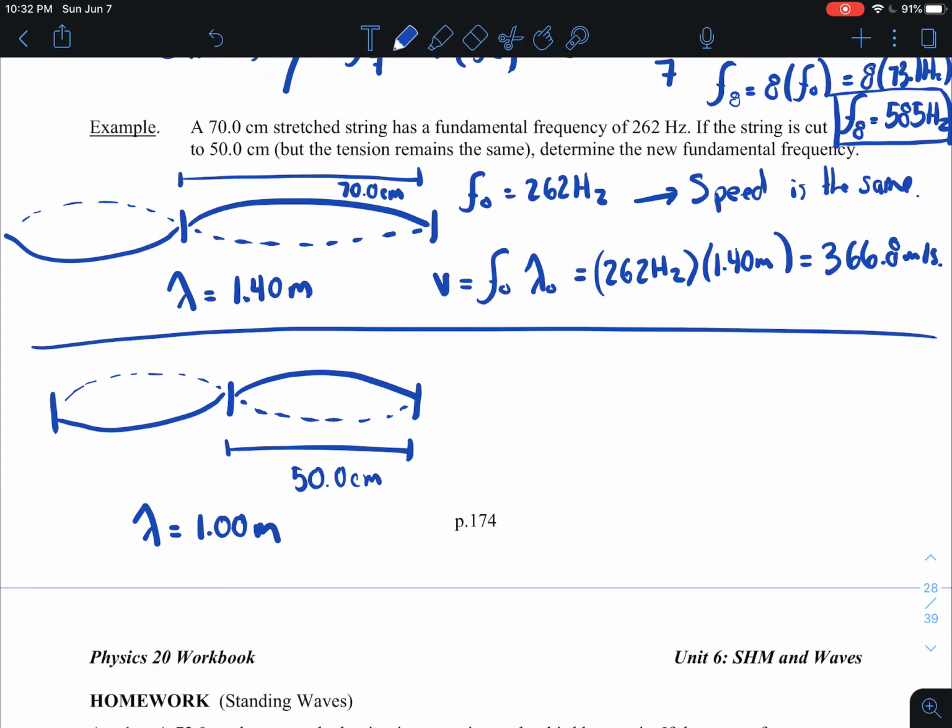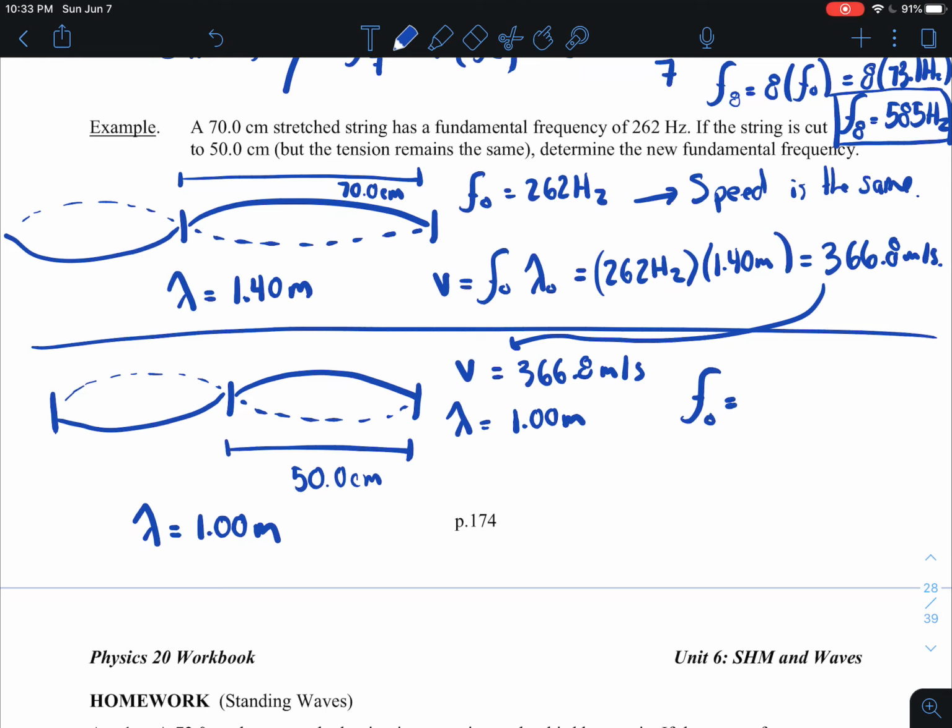So I'm going to use that same speed, the speed that I got here is equal to the speed I have down below, 366.8 meters per second. And I know the wavelength to be 1 meter. I should be able to rearrange this equation to solve for the new fundamental frequency.